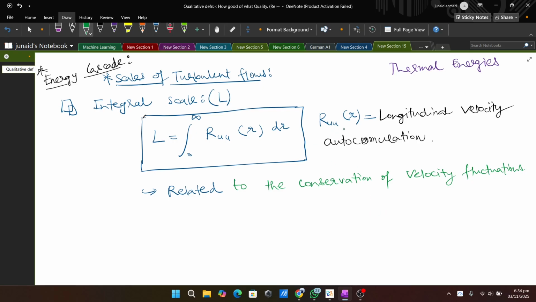And this R_uu(r) in brackets is the longitudinal velocity autocorrelation. Let me check this. This is autocorrelation. Okay, please correct this.